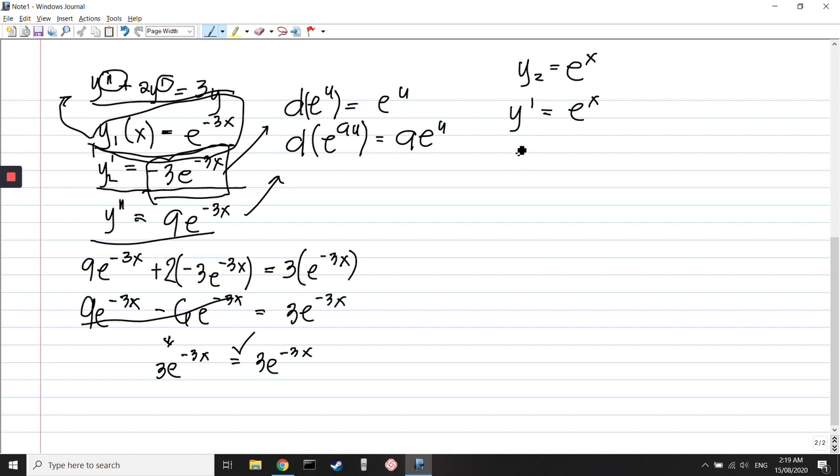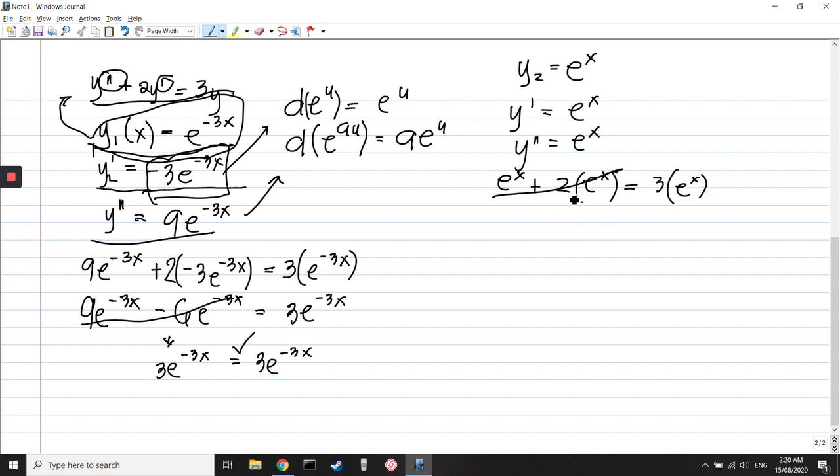Then the second derivative of e to the x is e raised to the power of x. So simply substitute the values again into this equation. So y double prime is e to the x plus 2 times e to the x is equal to 3 times e to the x.